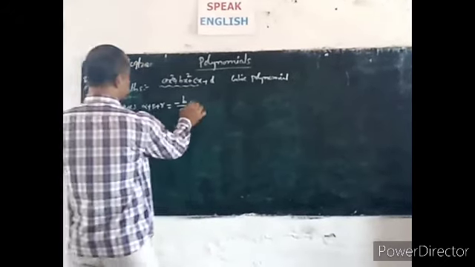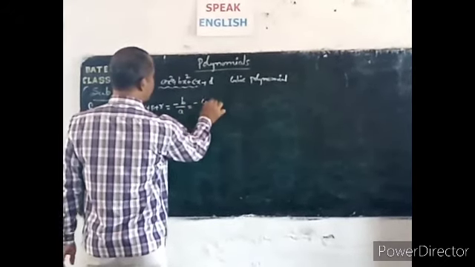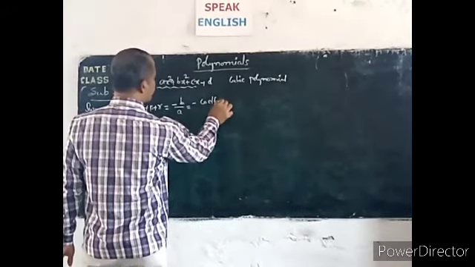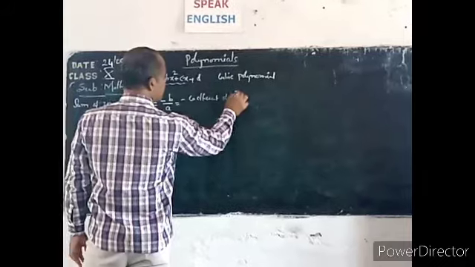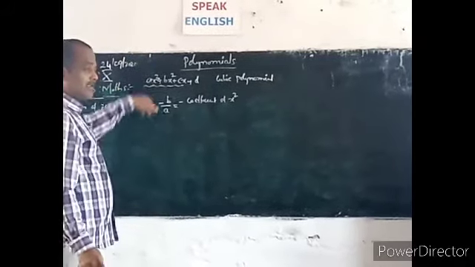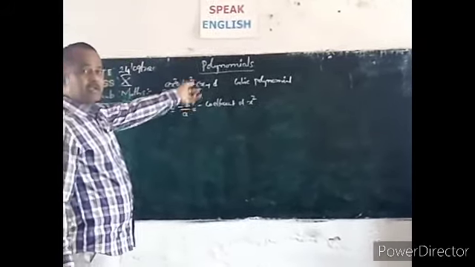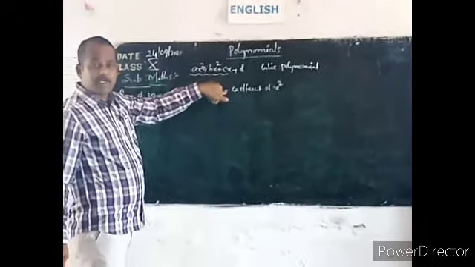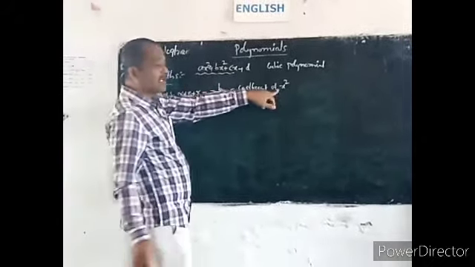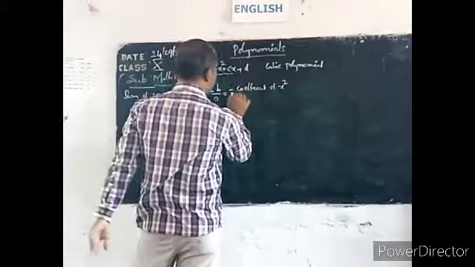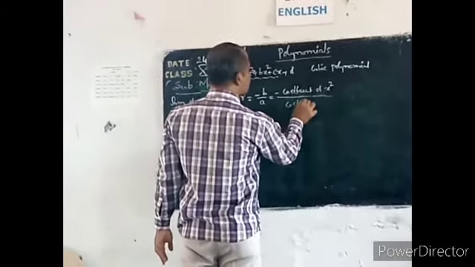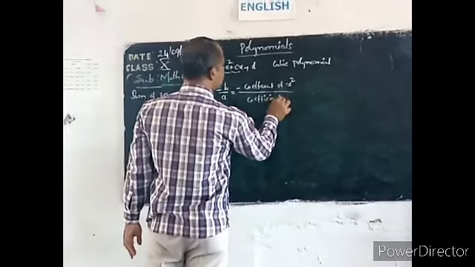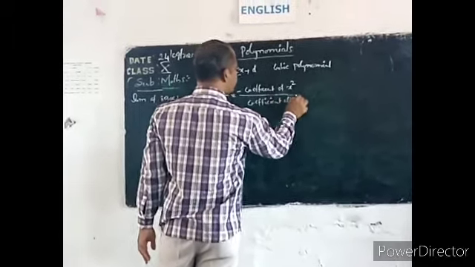That is nothing but minus of coefficient of x square by coefficient of x cube. In a quadratic expression, it is the coefficient of x, but in the case of a cubic expression, it is the coefficient of x square, and a is the coefficient of x cube.